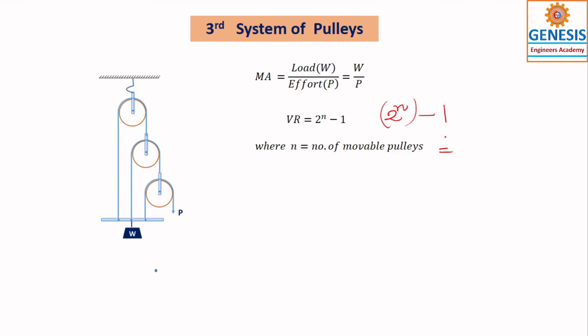But some people may apply like this one, that is why I have put this bracket. So some people may use like this one, not the power. So 2 to the power of n minus 1. So this n is the number of movable pulleys.